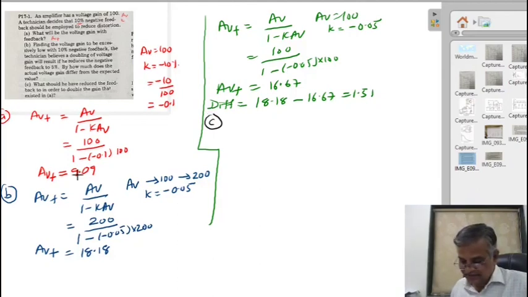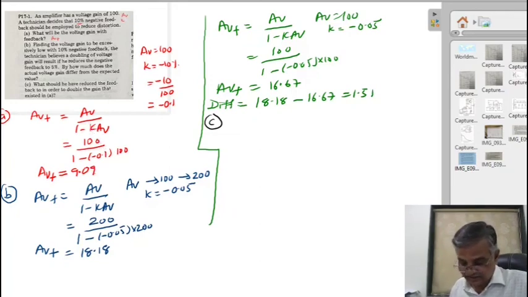How much gain existed? 9.09. Read the question. If you want to double this, then in this case with feedback you want to double this, then how much K do you have to apply?